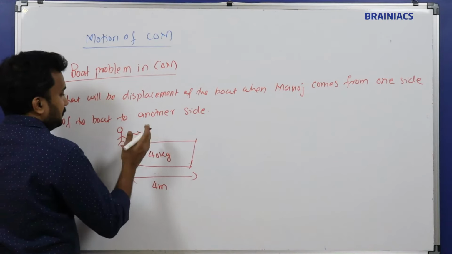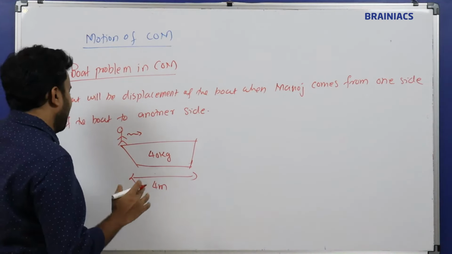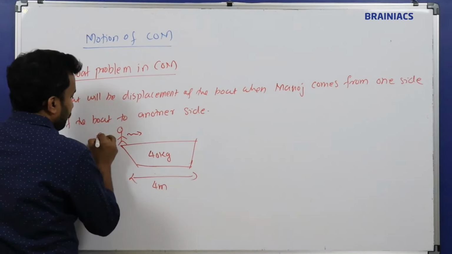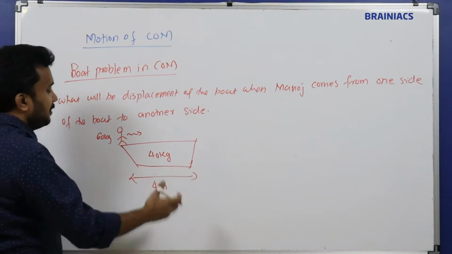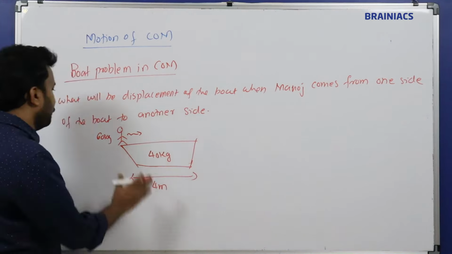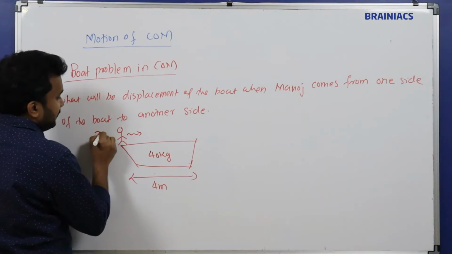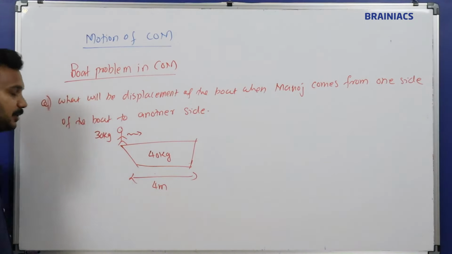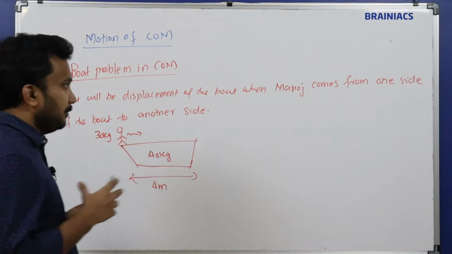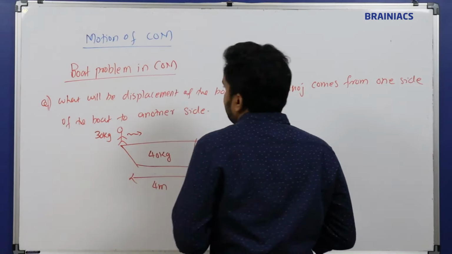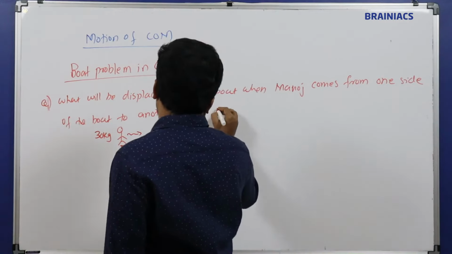This is just some values, right? So I placed my own values. You may think, okay, 60 kilogram will be there on 40 kilograms, so it will float down. No, nothing. So let's make it as 30 kilogram, then it's simple. So a 30 kilogram man will be there, and what will be the displacement of the boat when Manoj comes from one side of the boat to another side?